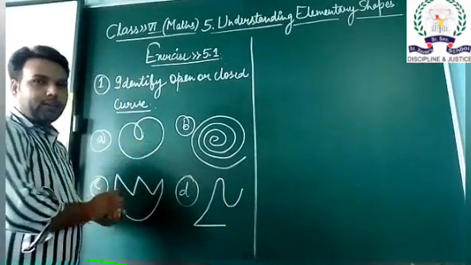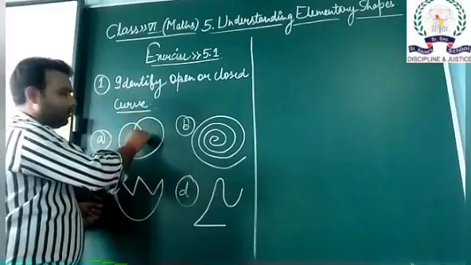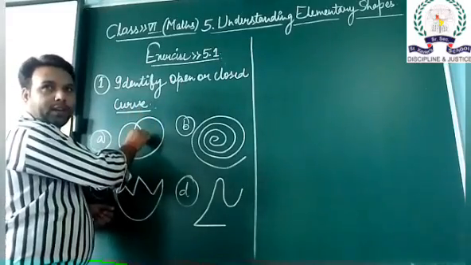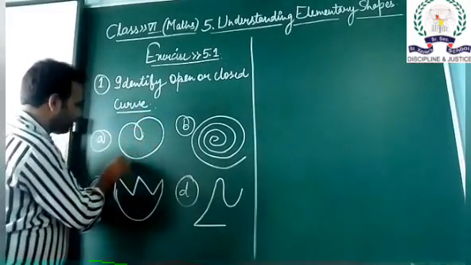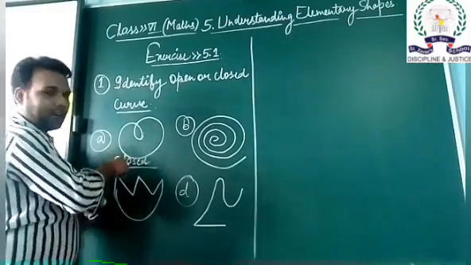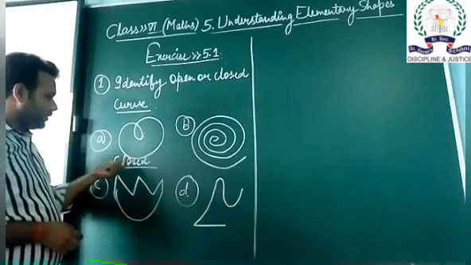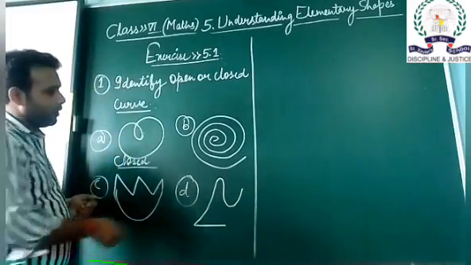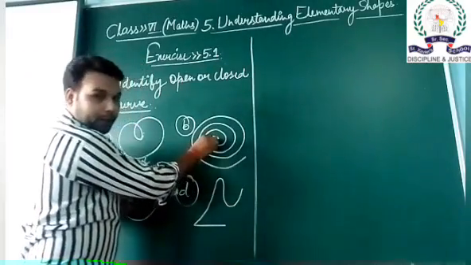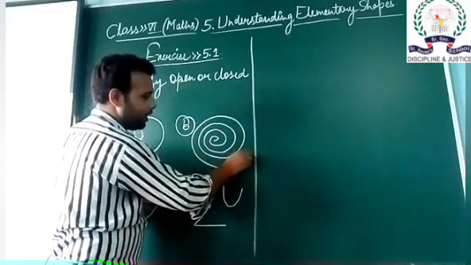Look at that. If you start from this point and after some time it rotates back to this point again, then this is known as a closed curve. Its starting and ending points are at the same position, so it is a closed curve. Look at that, its starting point is here and its ending point is here.